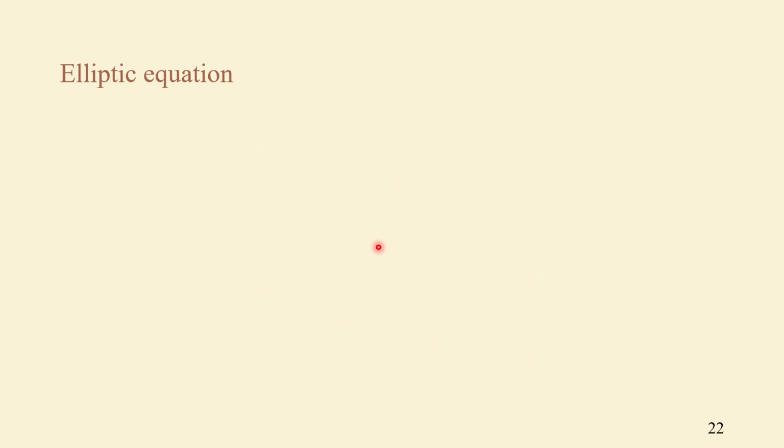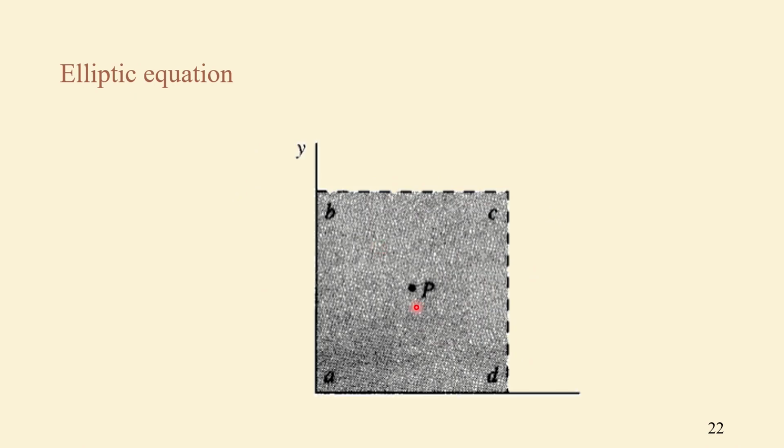The third class is elliptic equations. In an elliptic equation we do not have the characteristic curves. So here, if there is any disturbance at point P, the entire zone is feeling that disturbance. If there is a single point and the disturbance is felt after that, we can use marching solutions.